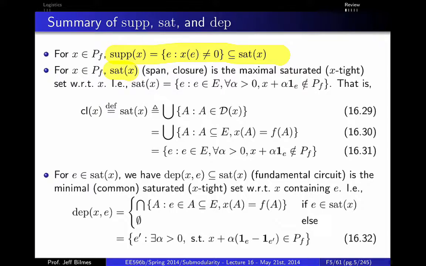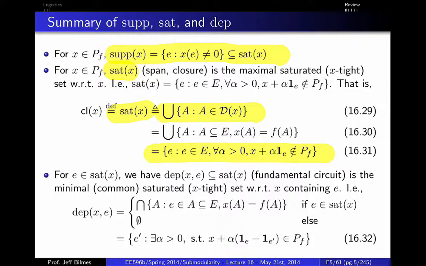The sat, which is also the same as the closure in the matroid case, it's the maximal tight set, which is a lattice, but it's also definable as this movement restriction property. It's all relative to an x. So we're going to use both of those things. We need both forms, and we actually derived how 16.29 is the same as 16.31. And we will use them both in both forms.